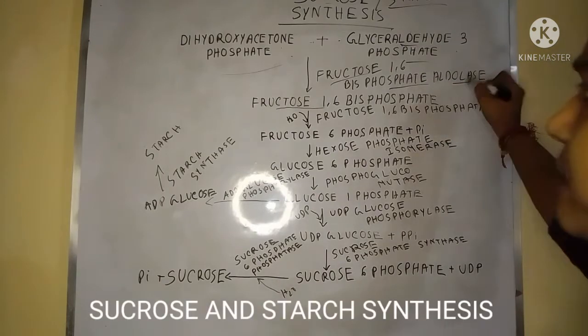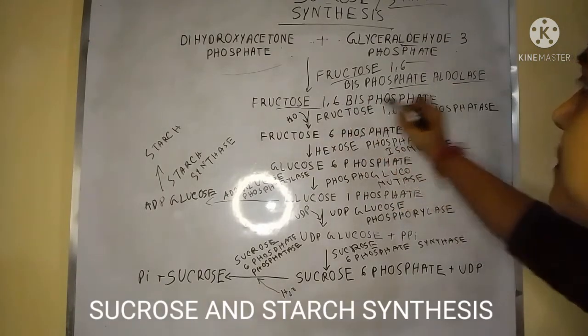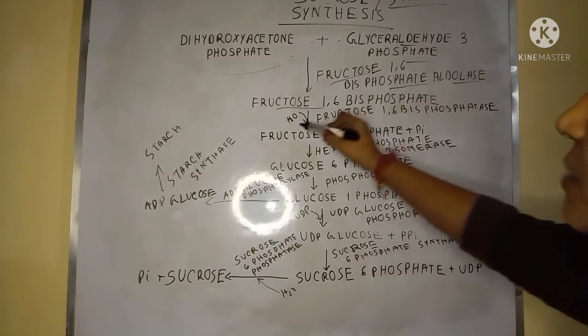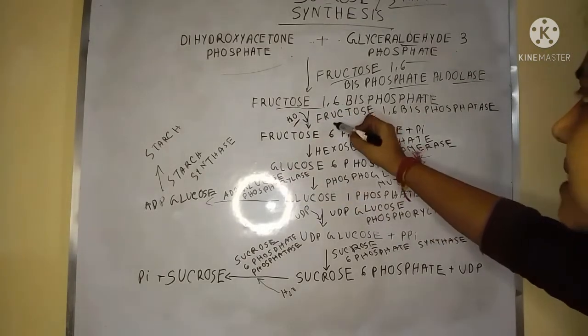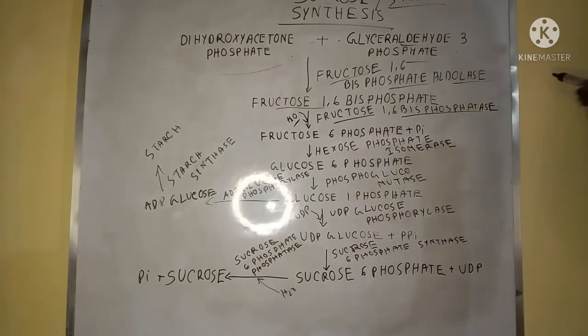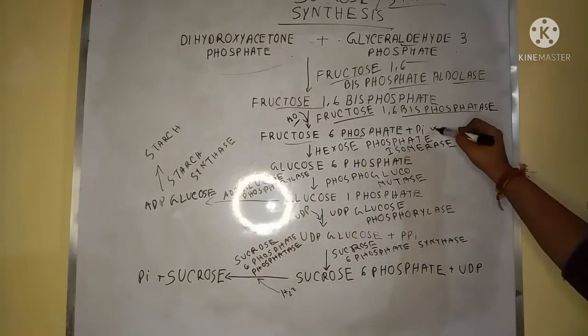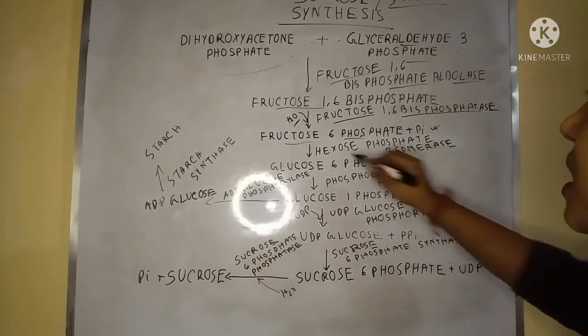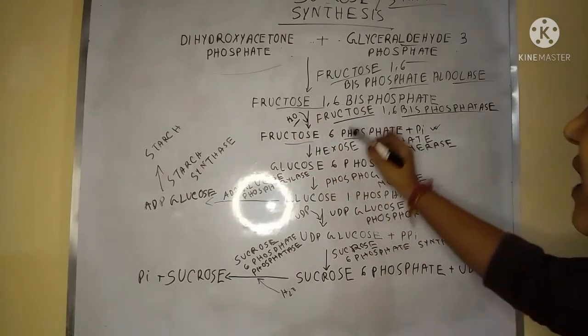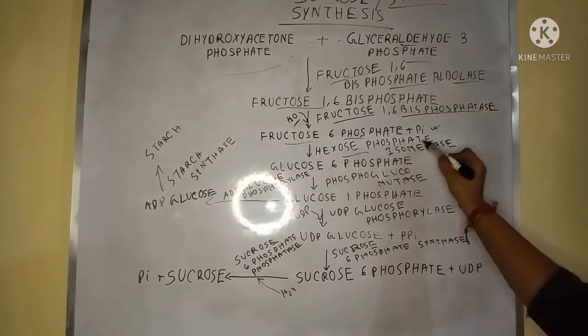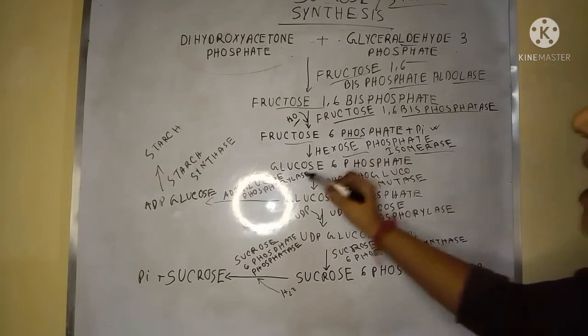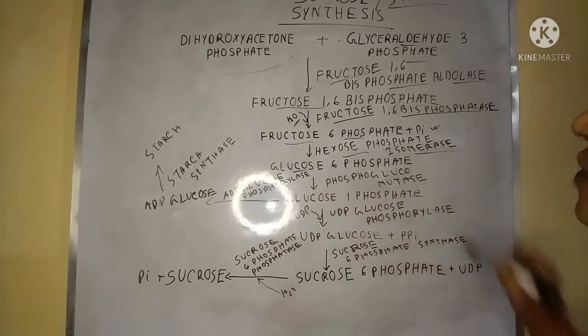This fructose 1,6-bisphosphate converts, in the presence of water and the enzyme fructose 1,6-bisphosphatase, to form fructose 6-phosphate, and a phosphate ion is also produced. This fructose 6-phosphate, in the presence of hexose phosphate isomerase, changes to glucose 6-phosphate.